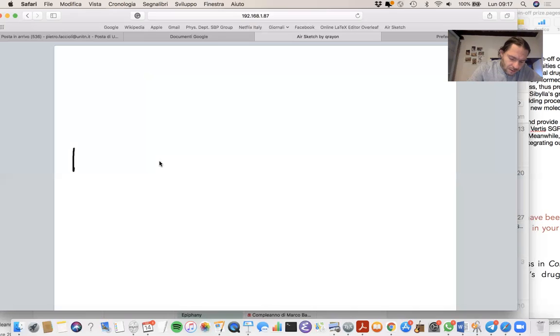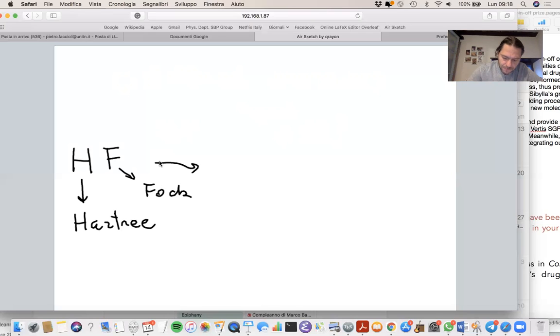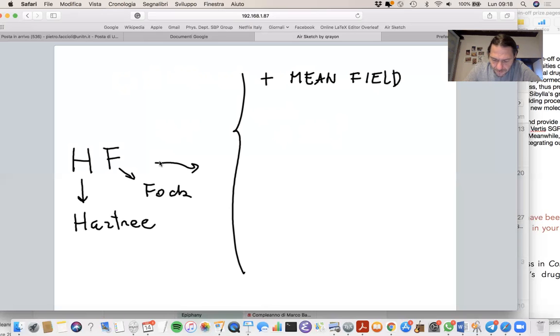What Hartree-Fock actually means is the joining of the following two approximations: mean field for electrons, and variation. If you want, the Ritz variational approximation.